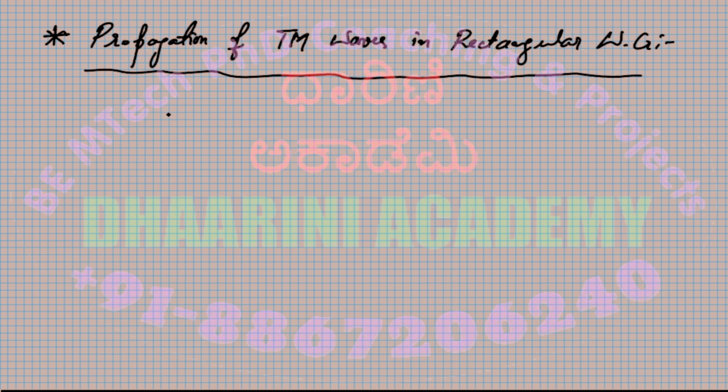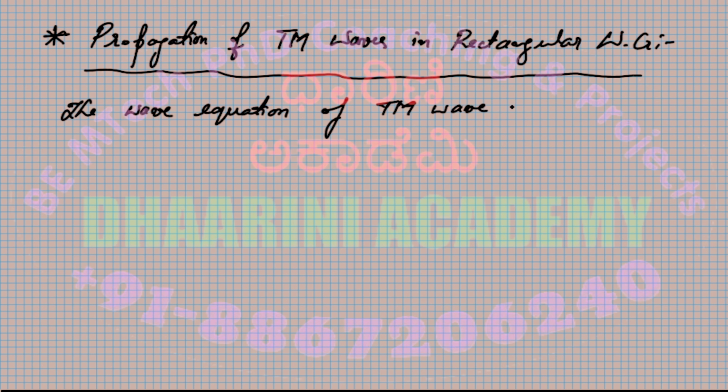Okay, so let's start with one form of equation which we already know. That is called the wave equation, right? The wave equation of the TM wave.